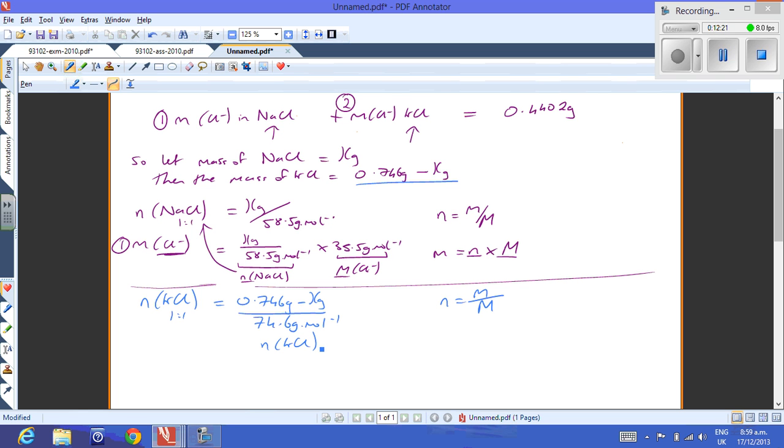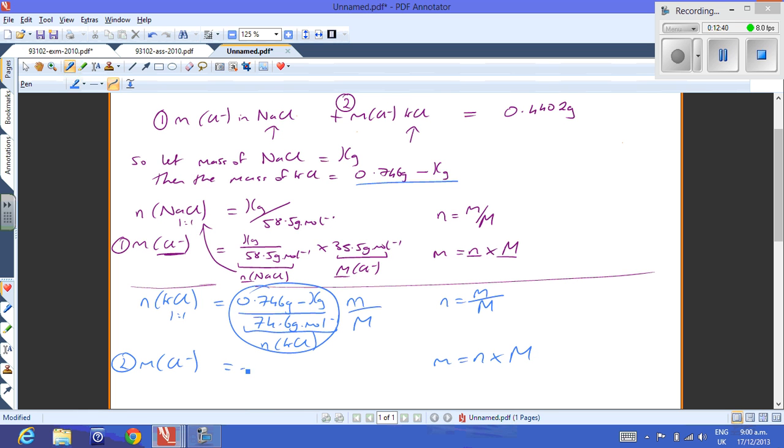And that was mass over molecular mass. Okay, so the mass of chloride ions in KCl, well, mass again is equal to moles times molecular mass. So it's all of this stuff multiplied by the molecular mass of chloride ions.